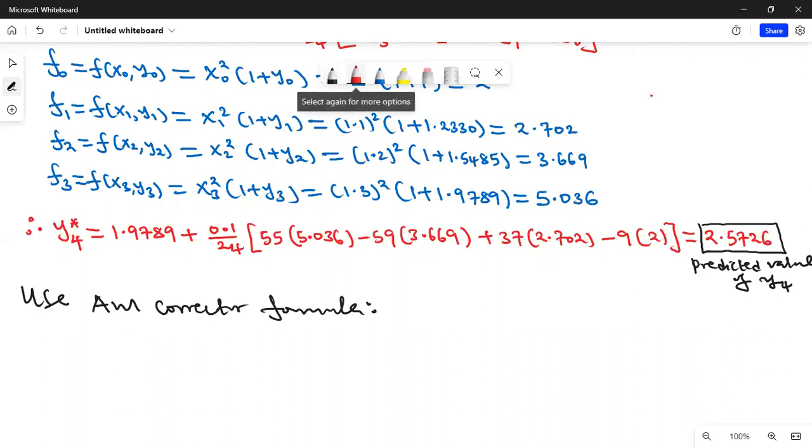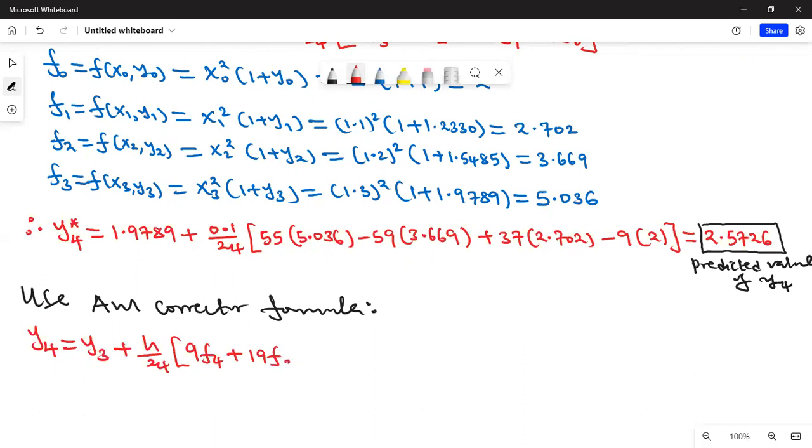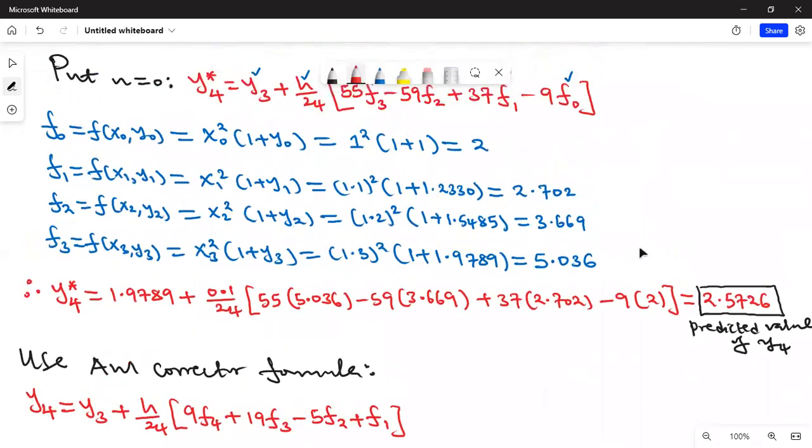So when I put n equal to 0, I'm going to get Y4 is equal to Y3 plus H over 24 into 9F4 plus 19F3 minus 5F2 plus F1.